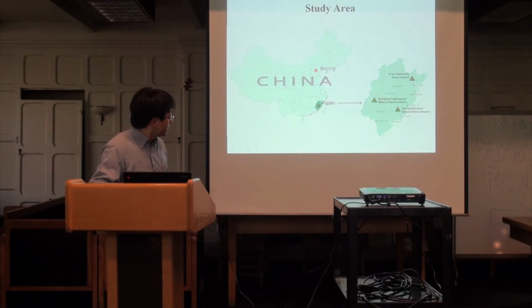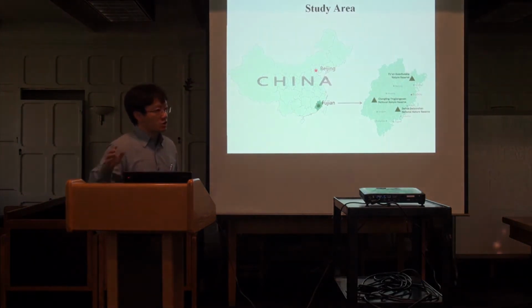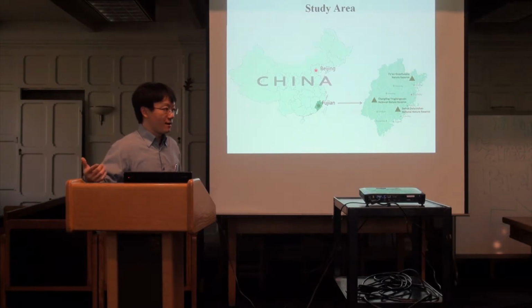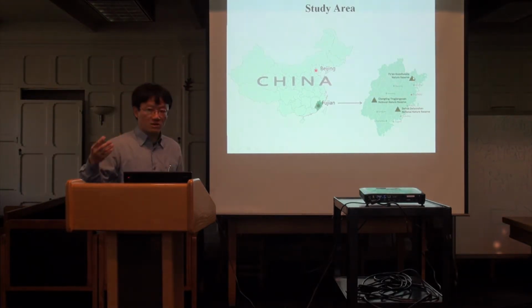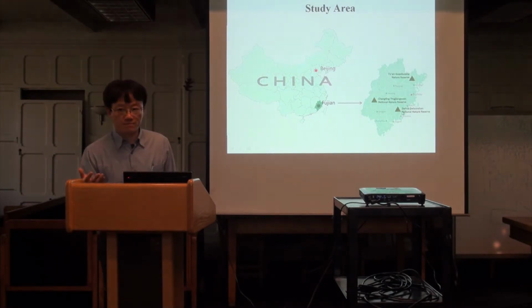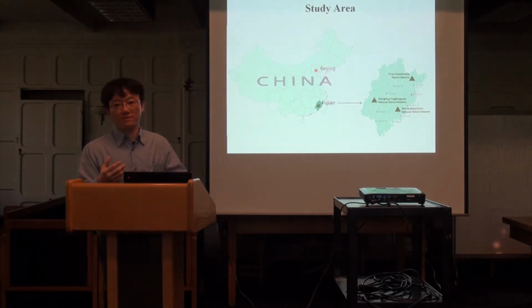This one is in the west of Fujian province, and actually they have a very harmonious relationship between the nature reserve and the local community. This one has a very serious conflict, and this one has somewhat of a conflict. So these 3 nature reserves demonstrate 3 different situations.